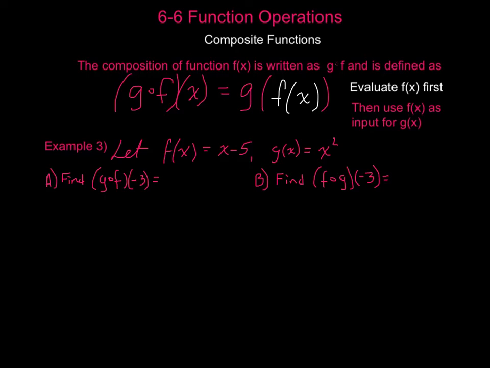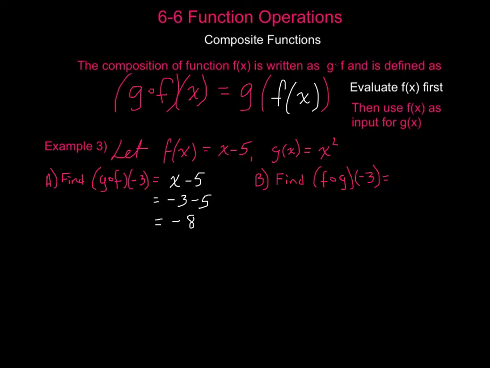Now because this is g of f of negative 3, we're going to plug negative 3 into f first. So what I am in the habit of doing is taking f of x and rewriting it, and then plugging in my x value, in this case negative 3. So we're going to get negative 3 minus 5, which is negative 8. So now we're going to take this negative 8 and plug it into g of x, because again we take the solution of f of negative 3, and that's what goes into g of x.